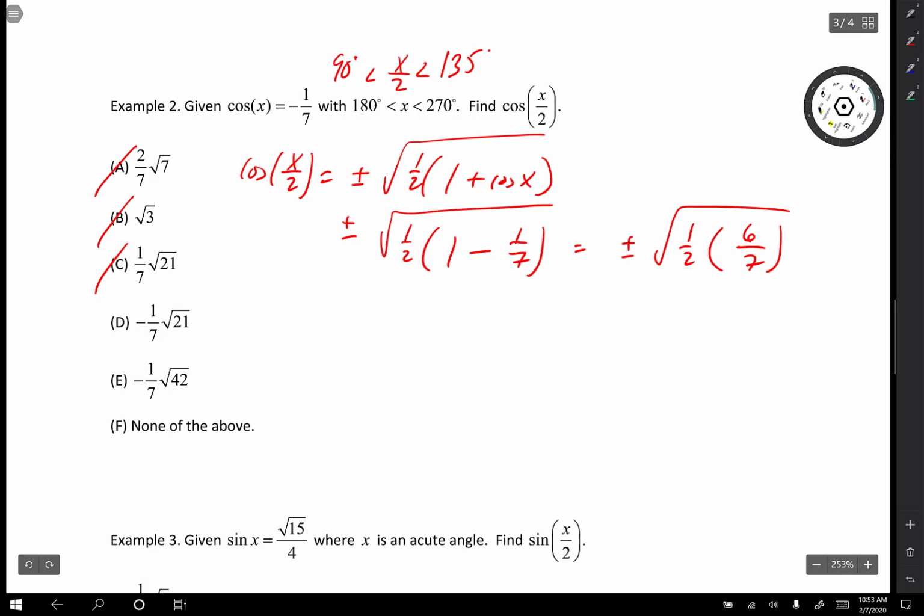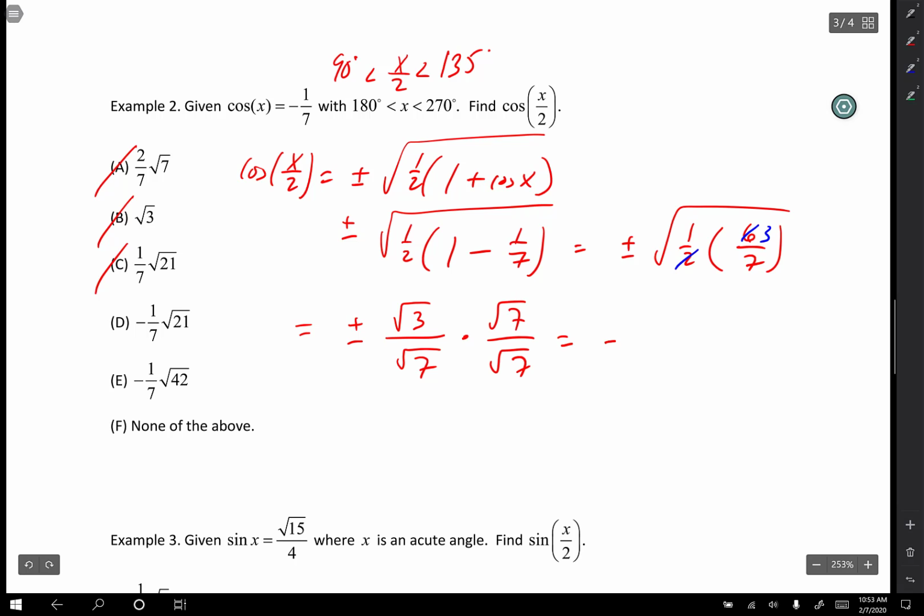Then 2 goes into 6 3 times. Now we can say plus minus square root of 3 over square root of 7. Then I multiply by the square root of 7 over the square root of 7, and you get plus minus square root of 21 over 7. We already said this was going to be negative, so the answer is that one.